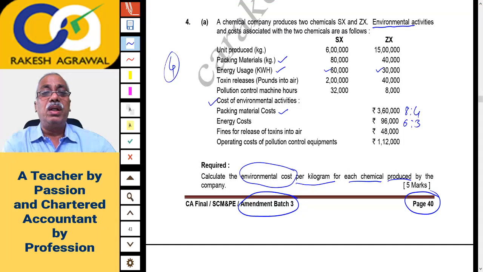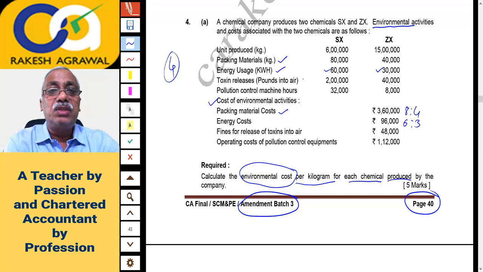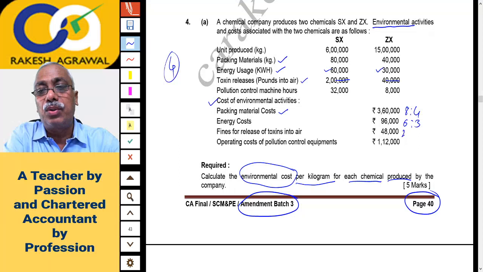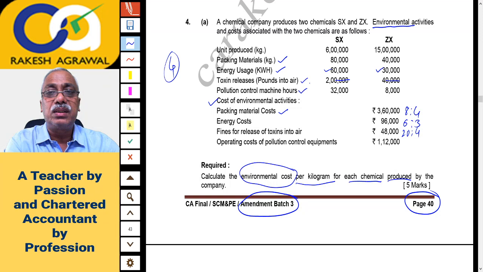Then fines for release of toxins into air, that is 48,000 rupees, will be shared in the ratio of toxin released, that is 200:40, or if you delete 4 zeros, 20:4. And operating cost of pollution control equipment 1,12,000 will be shared in the ratio of pollution control machine hours, that is 32:8.